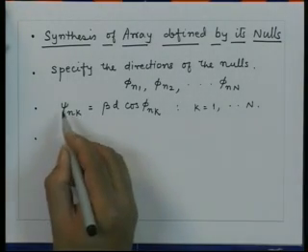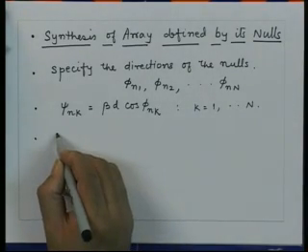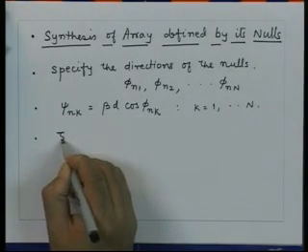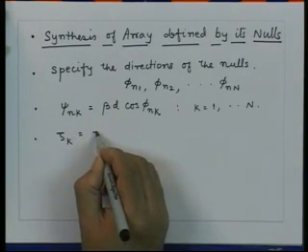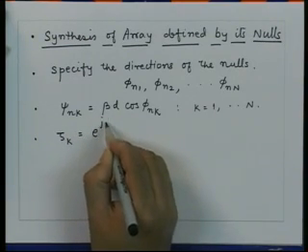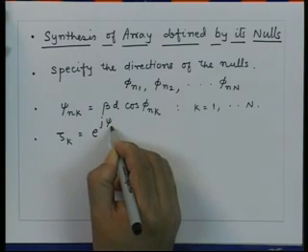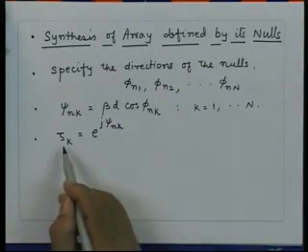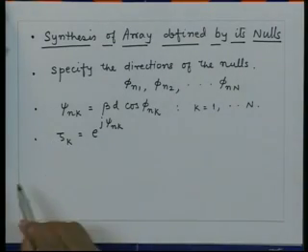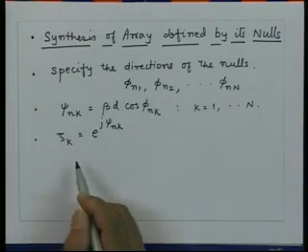Then you find out the corresponding values of z, which is zeta k, that will be e to the power j psi n k, and then we can write the polynomial by multiplying the doublets, which is z minus the roots of this polynomial.